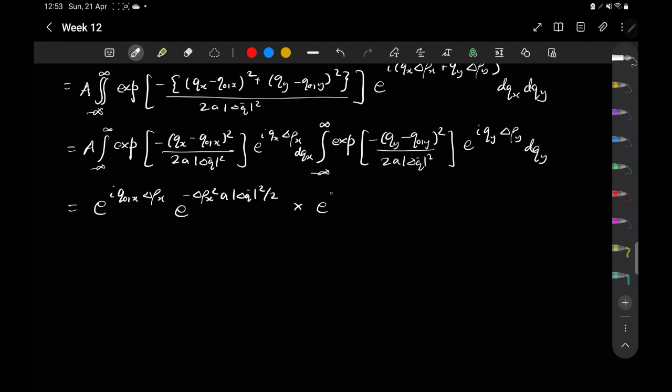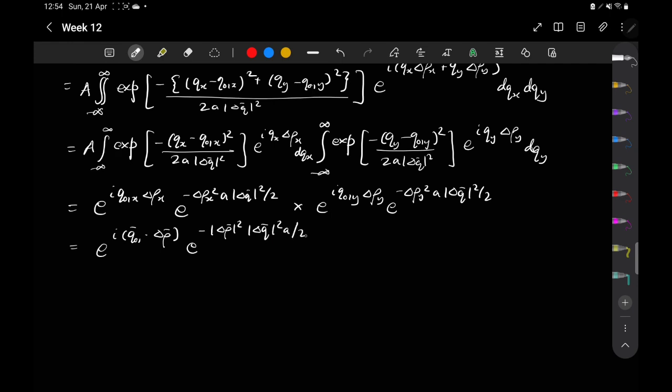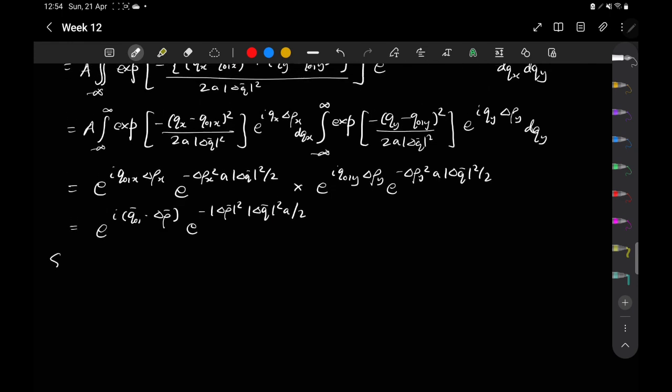That's for the x term. This is for the y term. Similarly, we can write for the second integral.